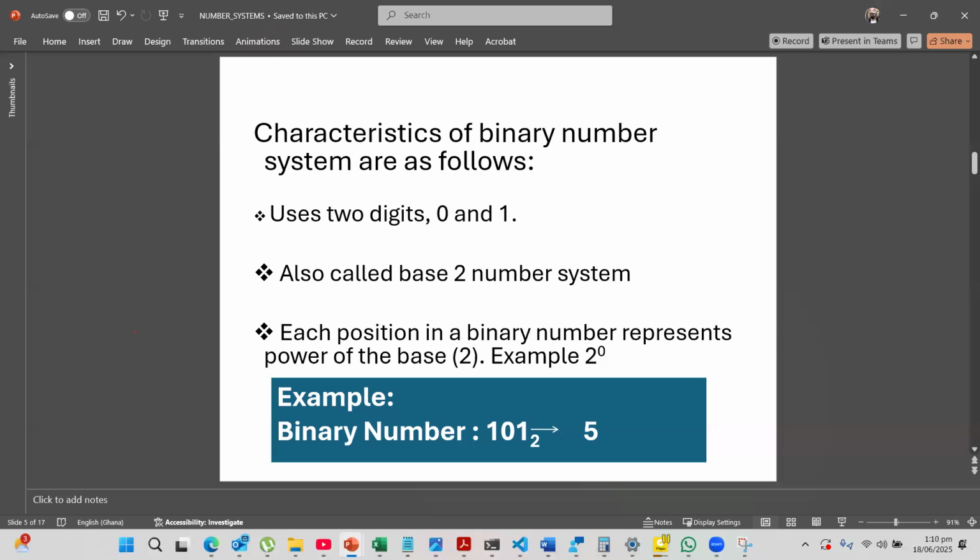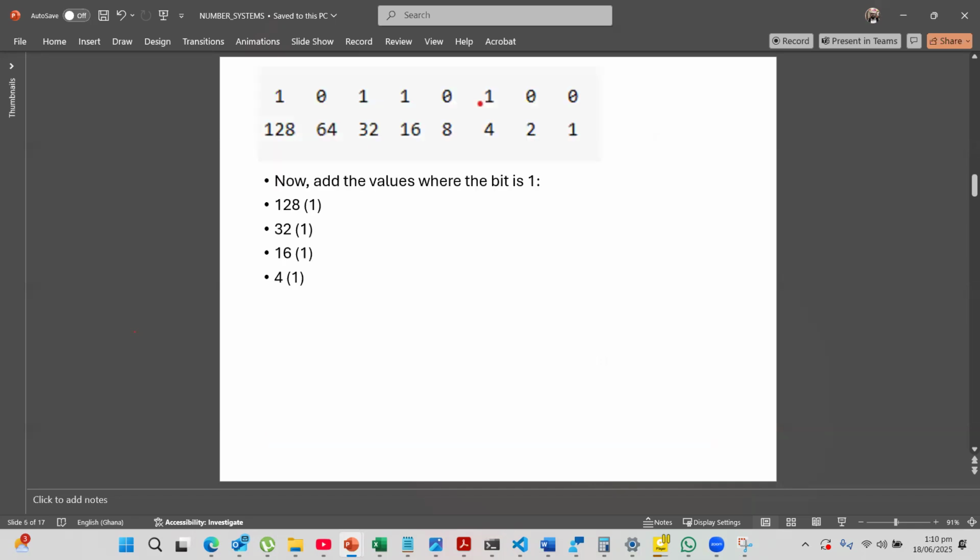Each position in a binary numbering system represents a power of base 2. For example, 2 raised to the power 0. If I have any number raised to the power 0, it is a representation of what I have.